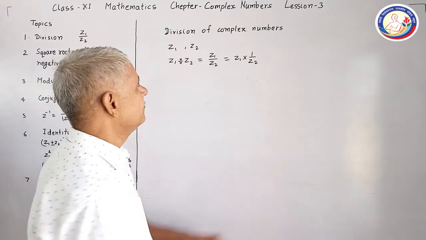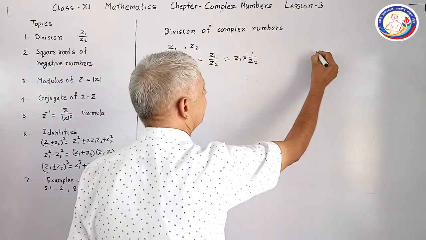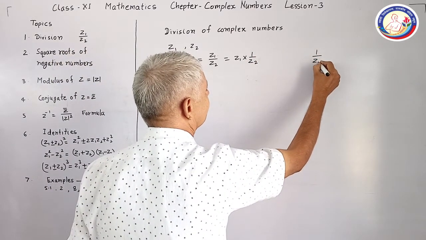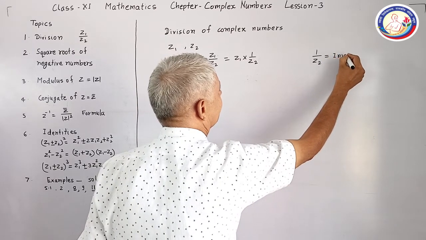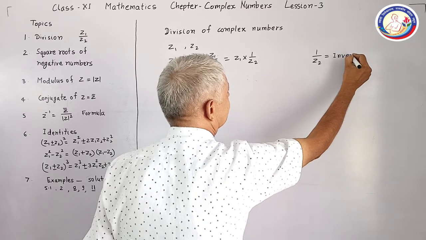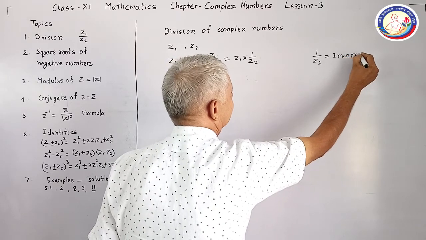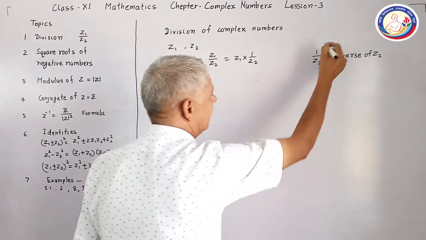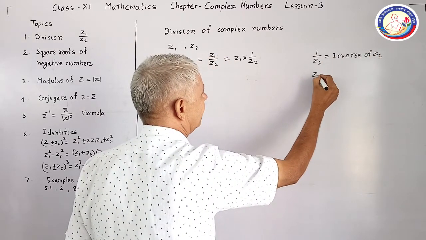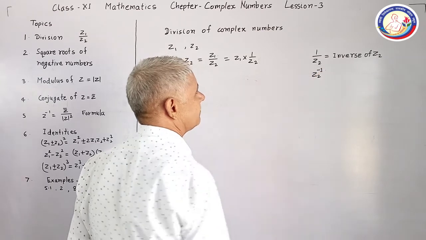What is 1 by Z2? From our previous knowledge, 1 by Z2 is the inverse of Z2, and we can write it as Z2 inverse.